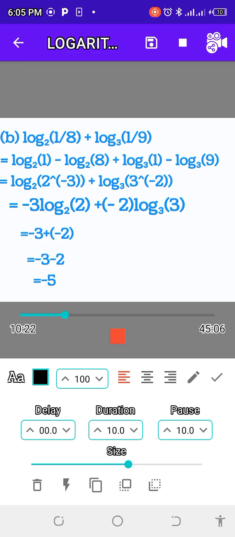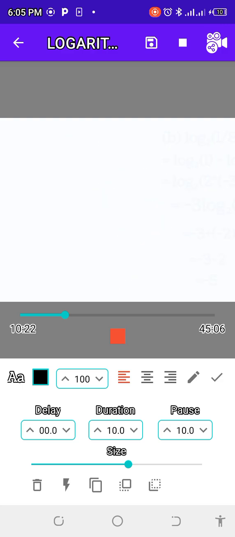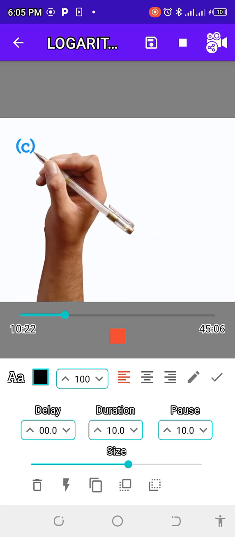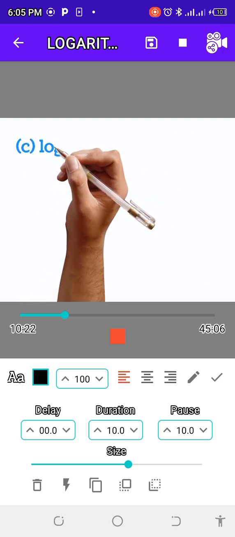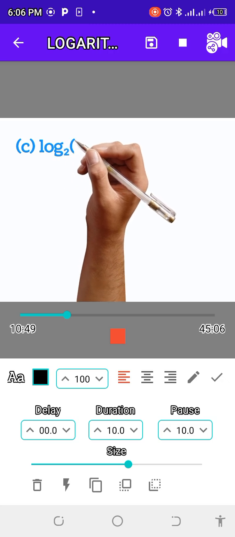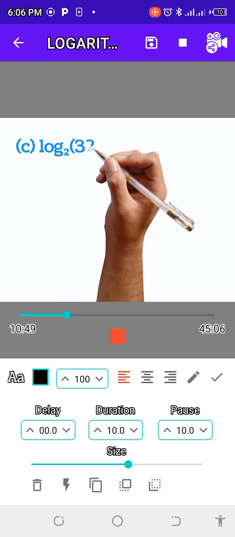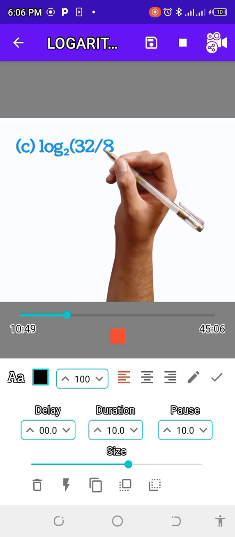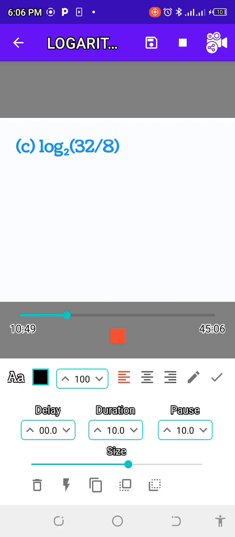Any question? Okay? We are going to take a look at another question, that is question C. The question says log of 32 divided by 8, all in base 2.